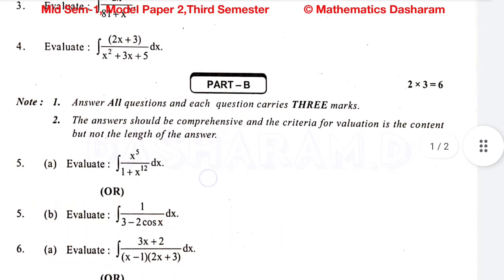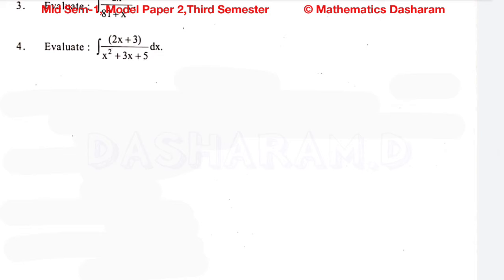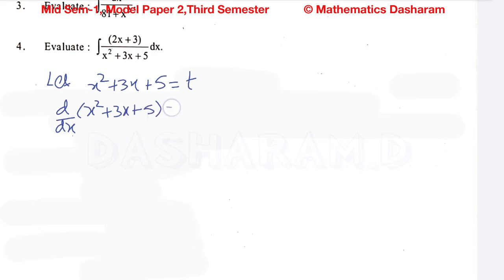So next to fourth question, evaluate integration of 2x plus 3 divided by x square plus 3x plus 5 dx. So here let us select the denominator x square plus 3x plus 5 equals to t. Next, to do the derivative on both sides with respect to x. So 2x plus 3 equals to dt by dx.